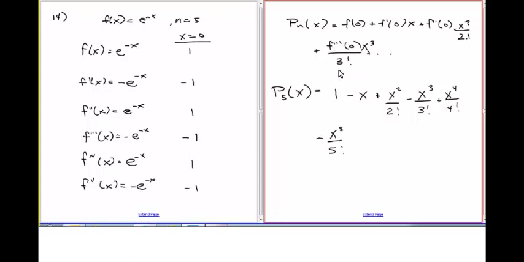And then continuing on, in our case, f of 0 is 1, f prime of 0 is negative 1, so we get a negative sign times x plus f double prime, which is 1, times x squared over 2 factorial. You get f triple prime, negative 1 times x cubed over 3 factorial. And it just follows this pattern. So e to the x was 1 plus x plus x squared over 2 factorial plus x cubed over 3 factorial. When you have e to the minus x, you get this alternating arrangement.